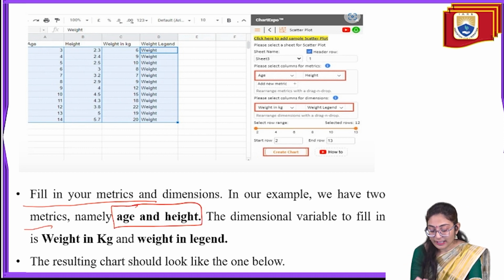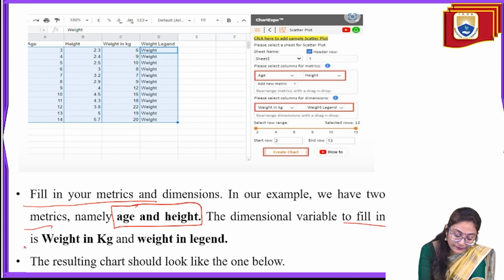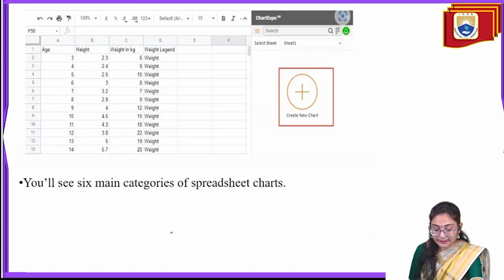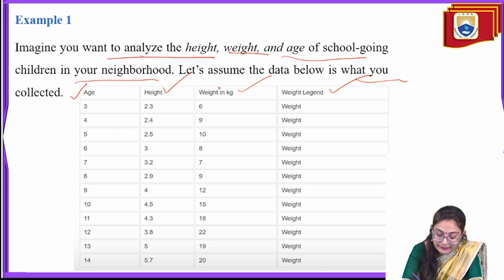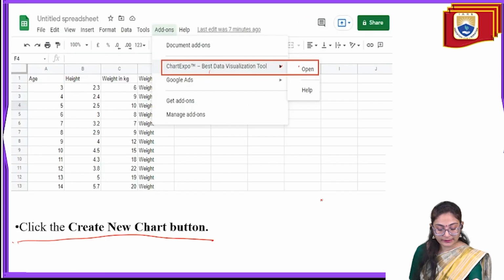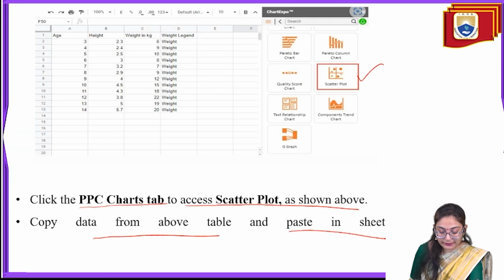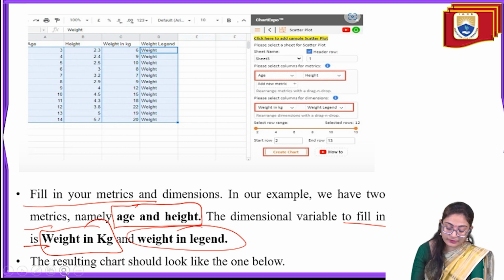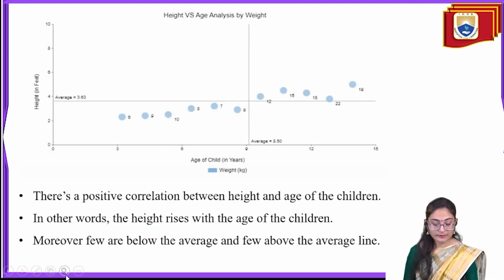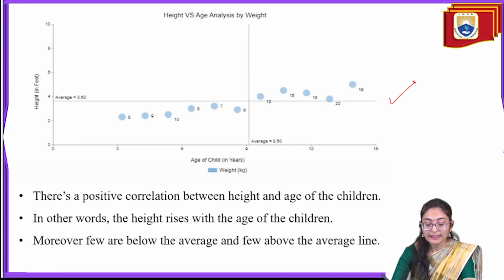The dimension variables to fill in are weight in kg and weight in lb. This is very important data for us, and the resulting chart should look like the one below. See, this is your resulting scatter plot.